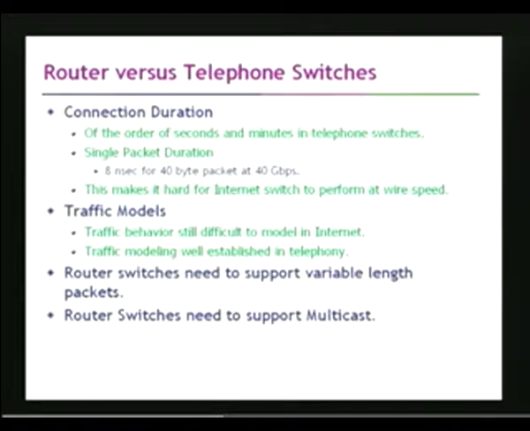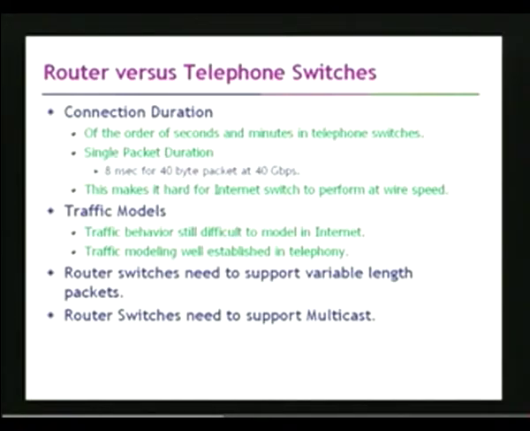The connection duration in a telephone switch can be of the order of minutes, while the connection duration in a router will be of the order of milliseconds to nanoseconds. Now this makes it hard for the internet switch to perform the switching at wire speeds. The second difference is in the traffic model. The traffic behavior is still very difficult to model in the internet.